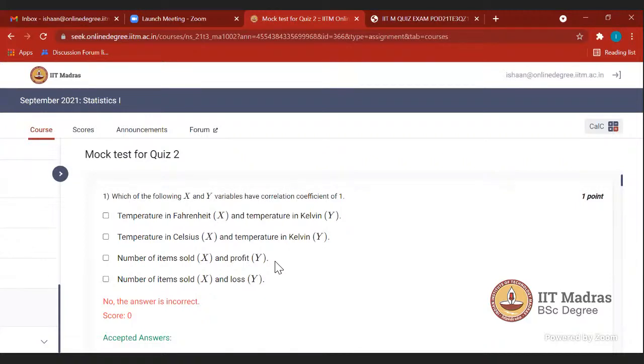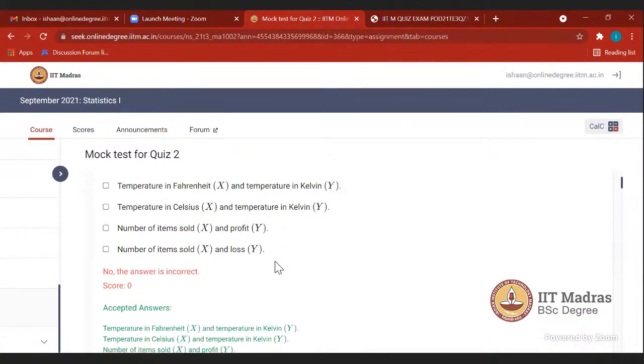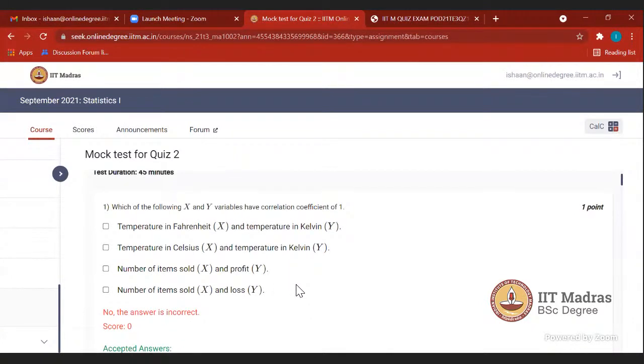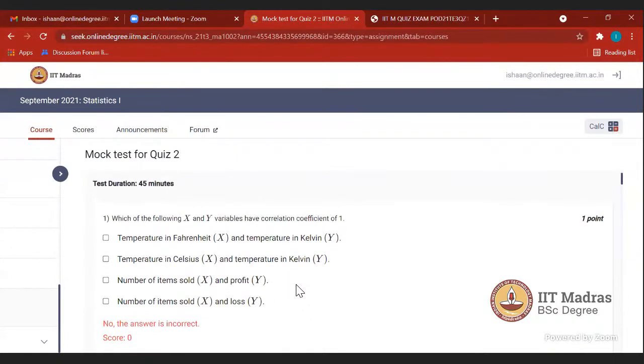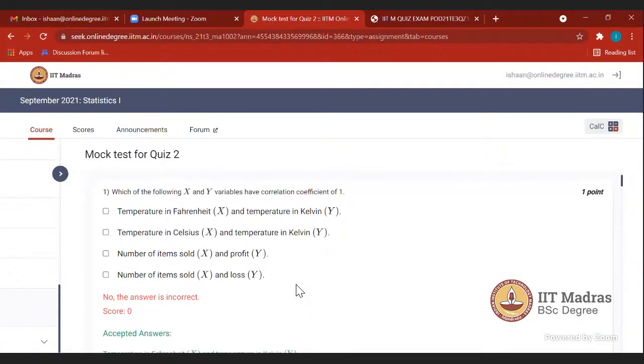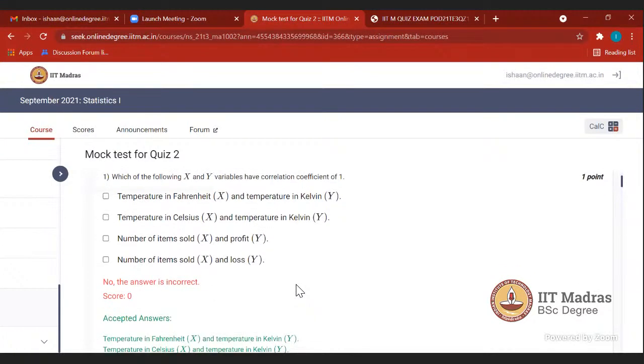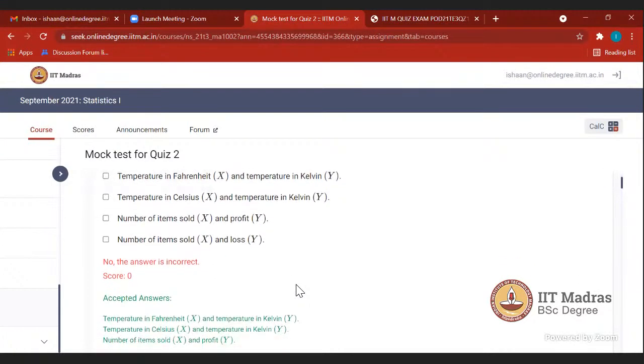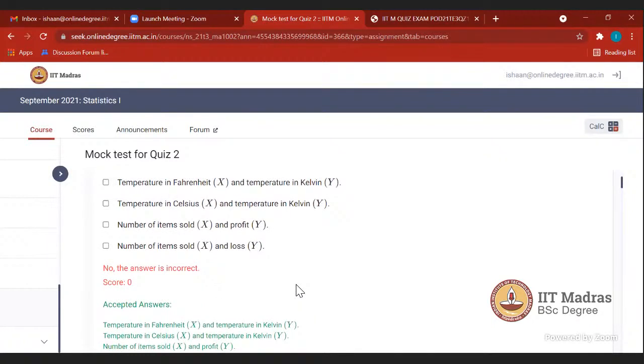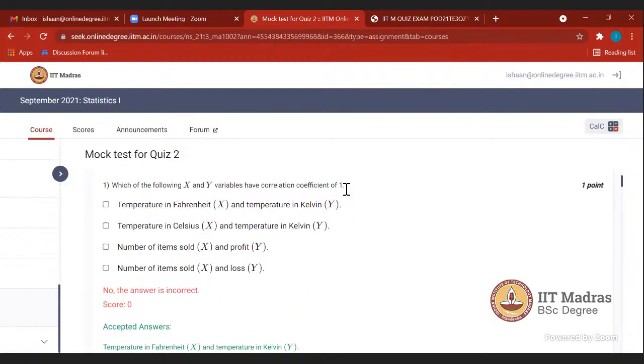If I own a shop, if I sell something, I will definitely be having some profit. Otherwise, I won't be selling that thing. Sir, is it because loss is considered to be negative and the points will eventually occur in the fourth quadrant? Yeah, you can also think about that. If you're selling at a loss, then the relation will be -1 also. But here it's asked +1.